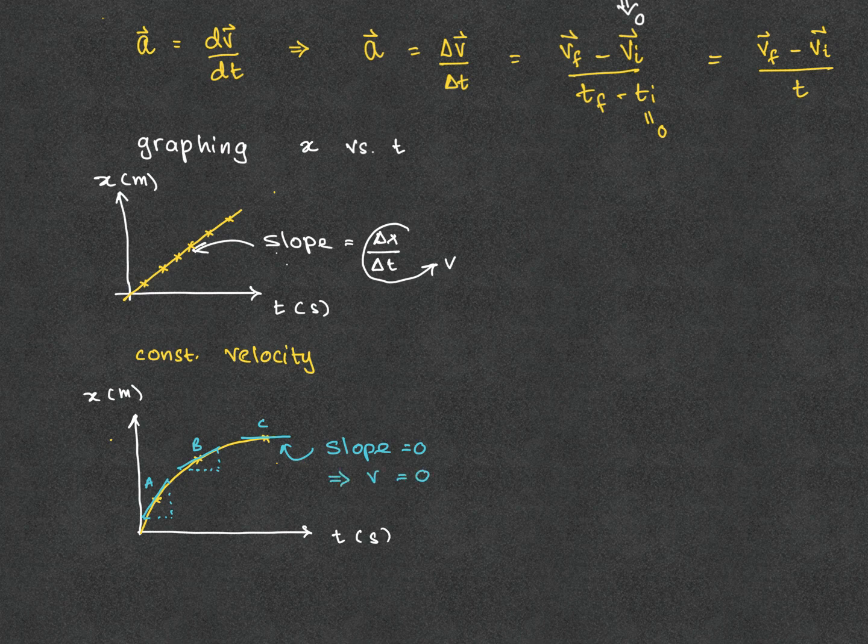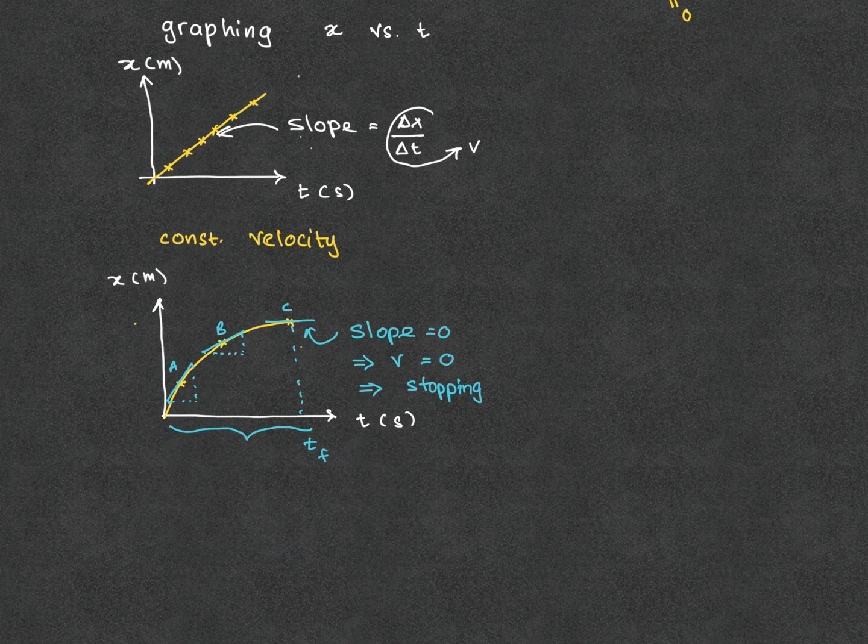Velocity equals 0, meaning the object that is moving over this time period, and at the final time, let's call it tf, at that point the object is stopping. So this is a graph that represents the decreasing velocity.